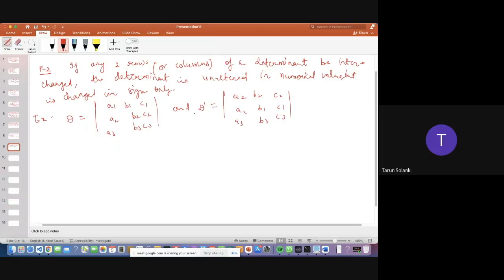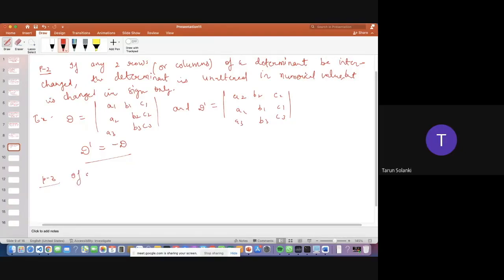So these two are altered. These two are altered. So D dash is equal to minus D. So this thing you need to remember. With this, let's do property number 3 as well.